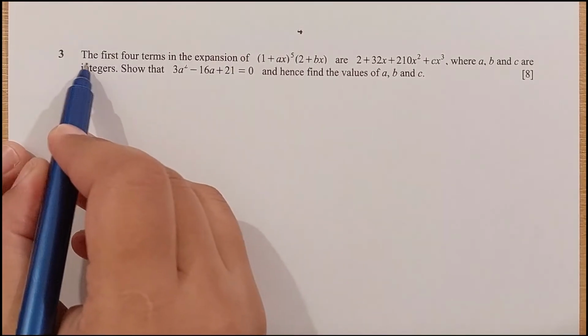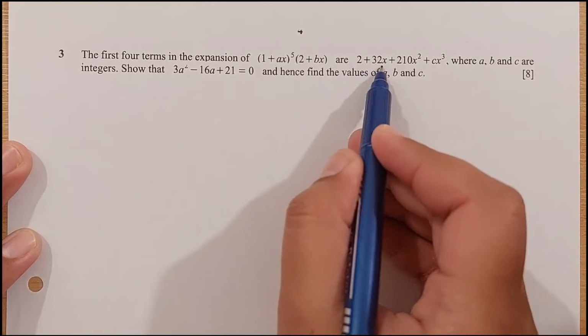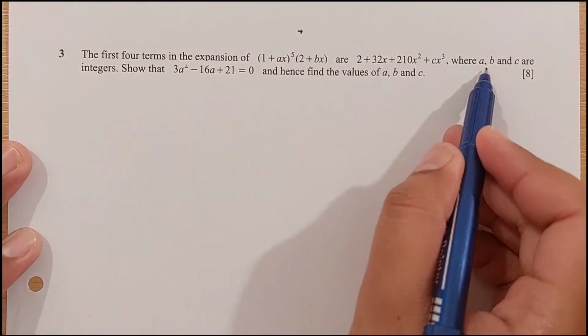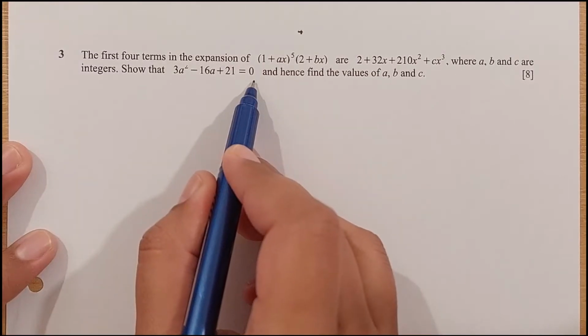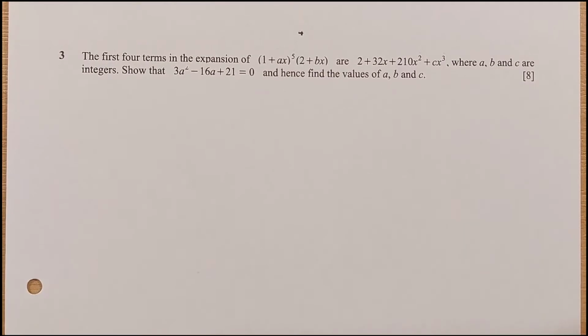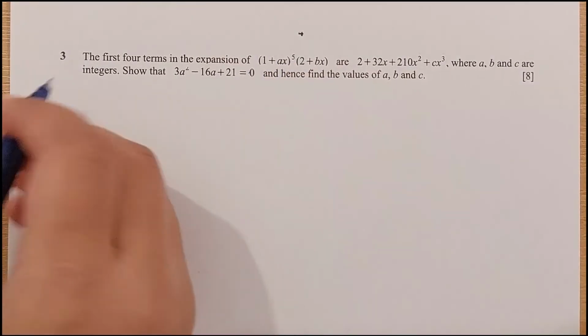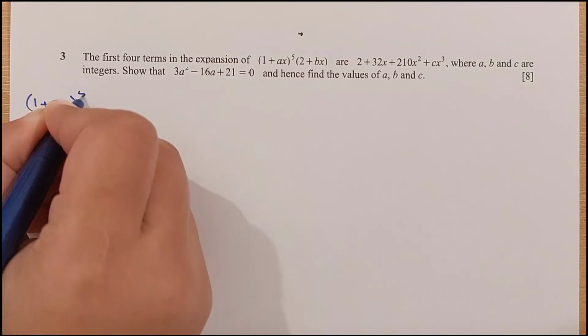Question number 3, the first 4 terms in the expansion of this are 1, 2, 3, 4, where a, b and c are integers. Show that this equals 0 and hence find the values of a, b and c. Let me expand this. (1 plus ax) power 5.